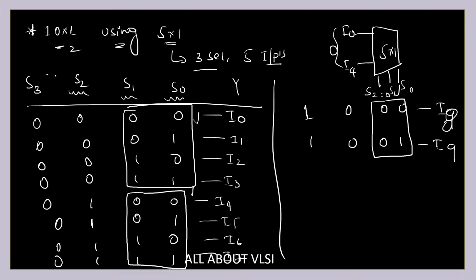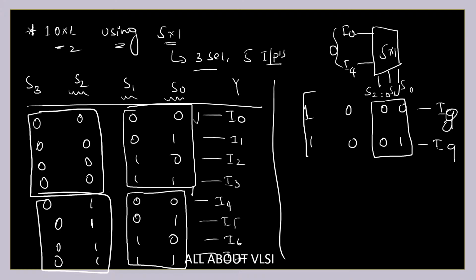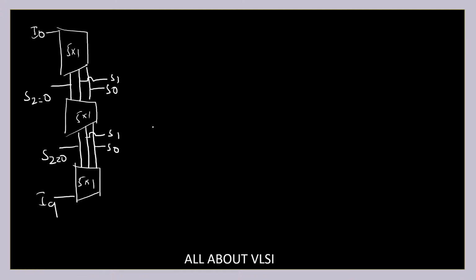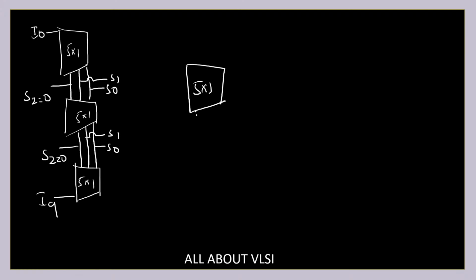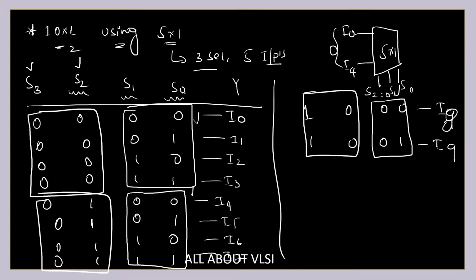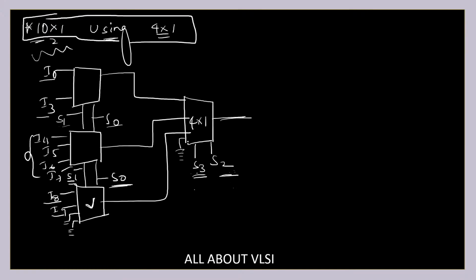Now, coming to the next stage. So, in the next stage, I'm going to consider this set of select lines. Next 0, 1, next 1, 0. Okay. So, I'm going to have only one 5 cross 1 mux in the next stage, where as the select lines, I'm going to consider S3 and S2 as my select lines, and S1 I'm going to make it as 0.